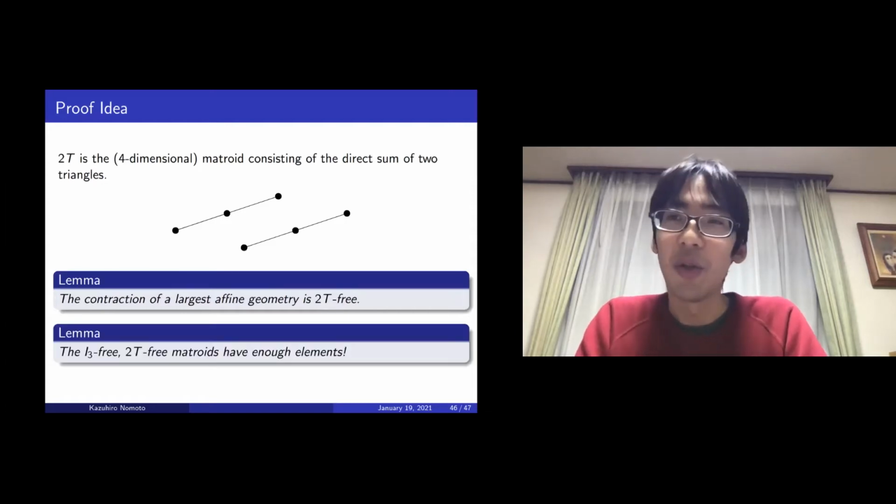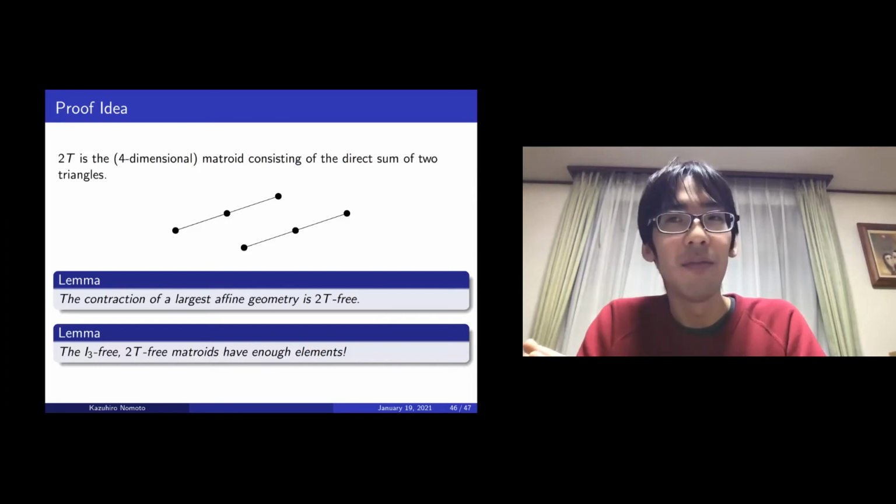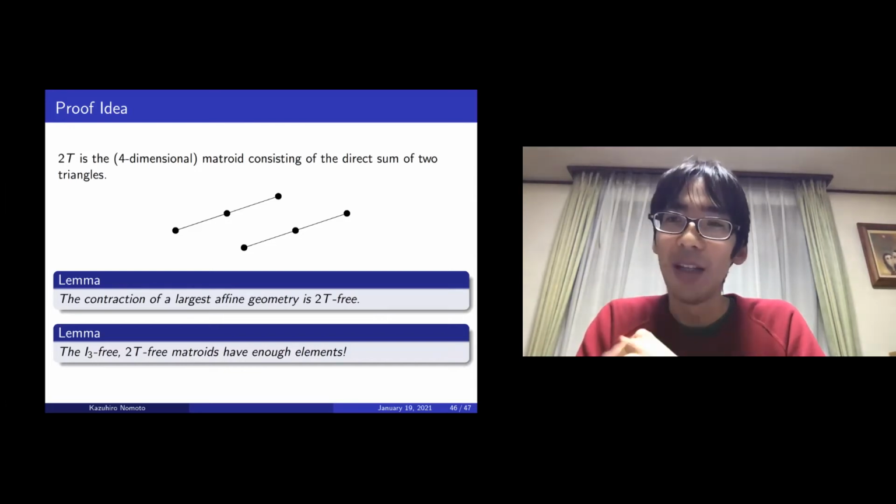Then you can show that if you're claw-free and 2T3, then you have enough elements for this argument to work. You have to work a little hard. I can't remember all the details, so probably have to argue a little bit about how many elements each of these elements of the contraction gives in the original matroid. But essentially, this is the argument.